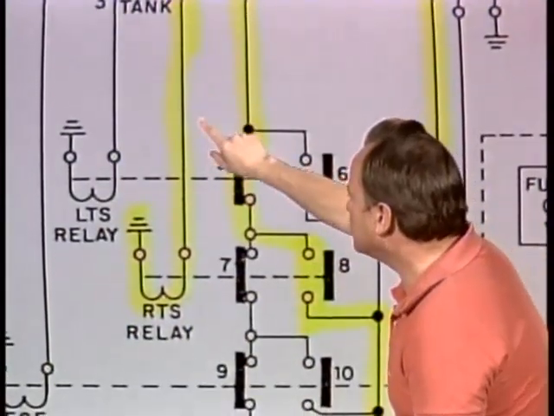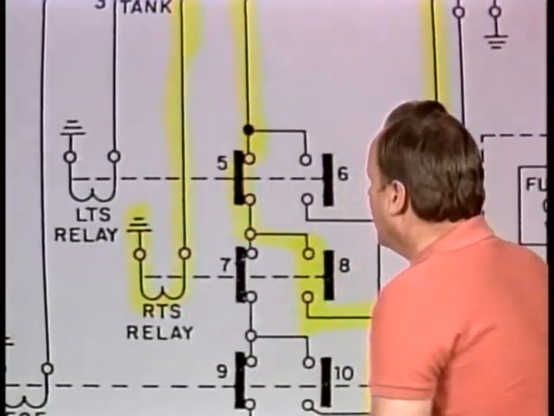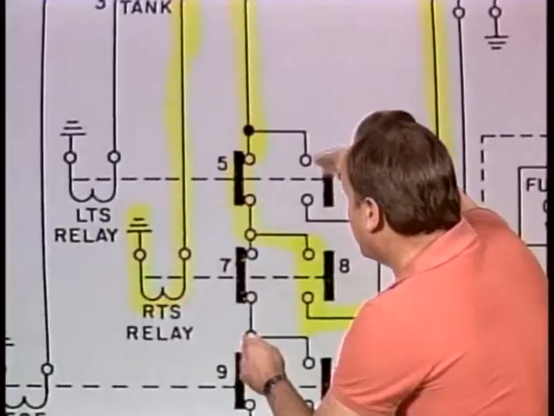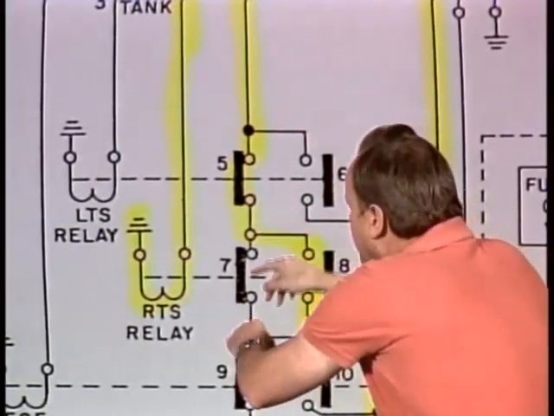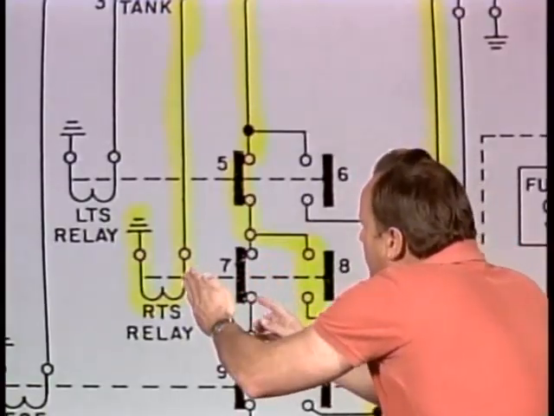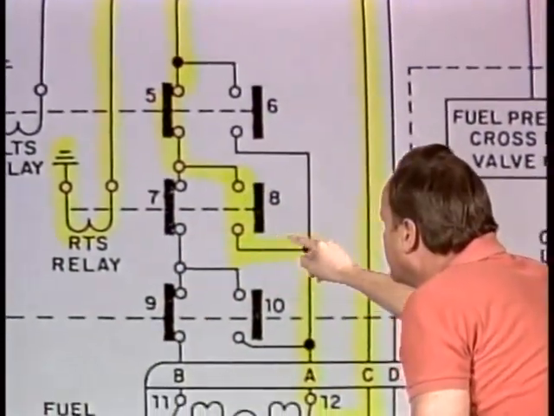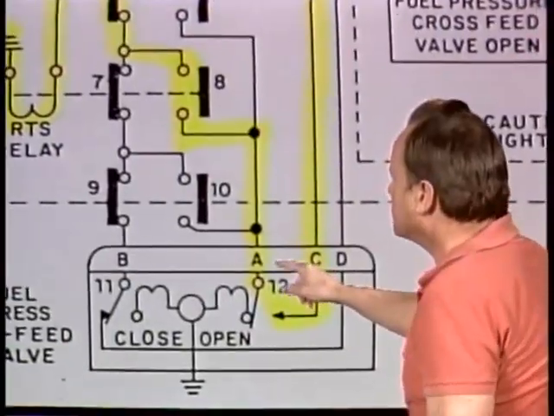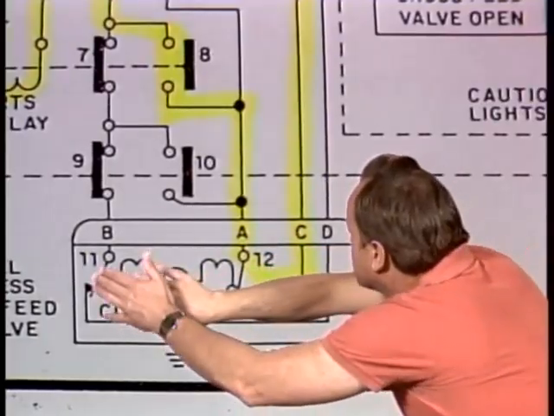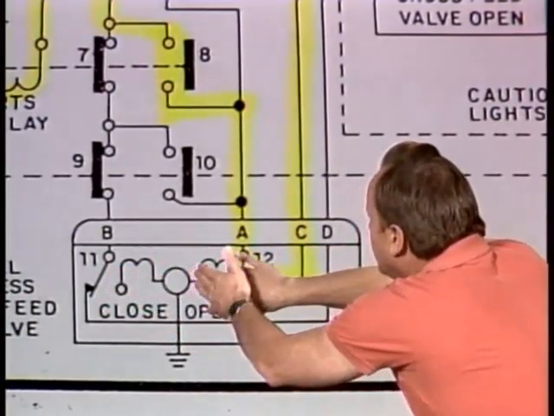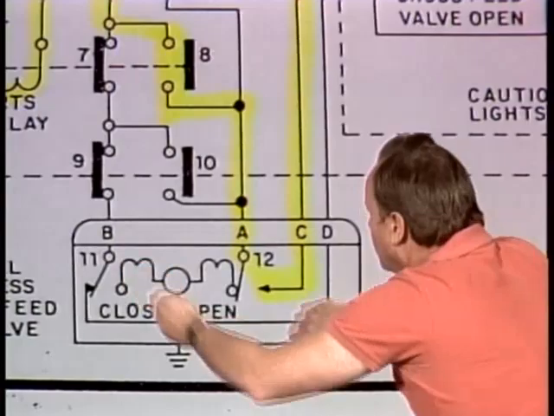And when that happens, the RTS relay is energized. Now, the LTS relay is not energized, so the current is coming from the bus right straight down here. But when the RTS relay is energized, switch 7 is moved to the left, and that's an open. And now switch 8 is closed, and now we have a path that goes like this for the current. Since we have a path like this, we hit terminal A here, and that means this whole solenoid is activated, and switch 12 will close and switch 11 will open.